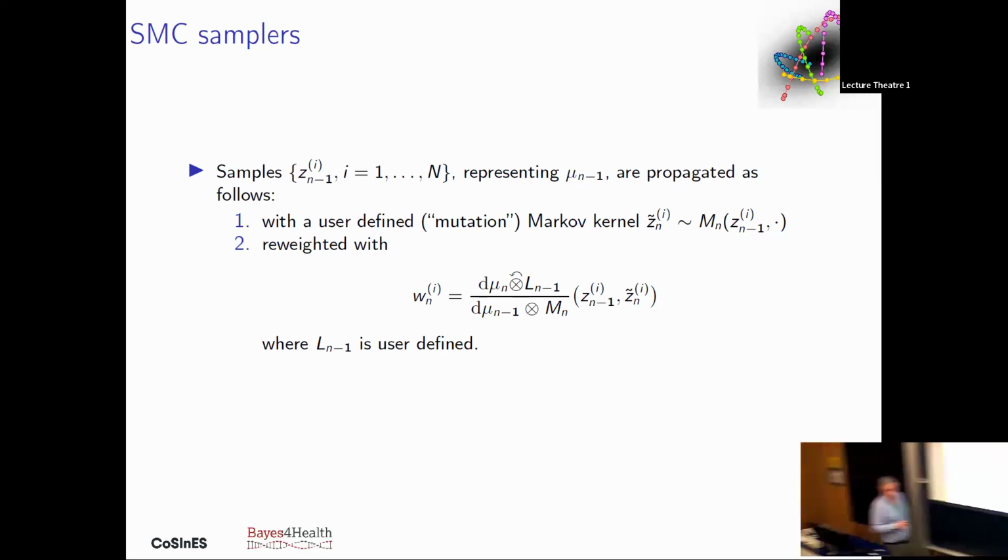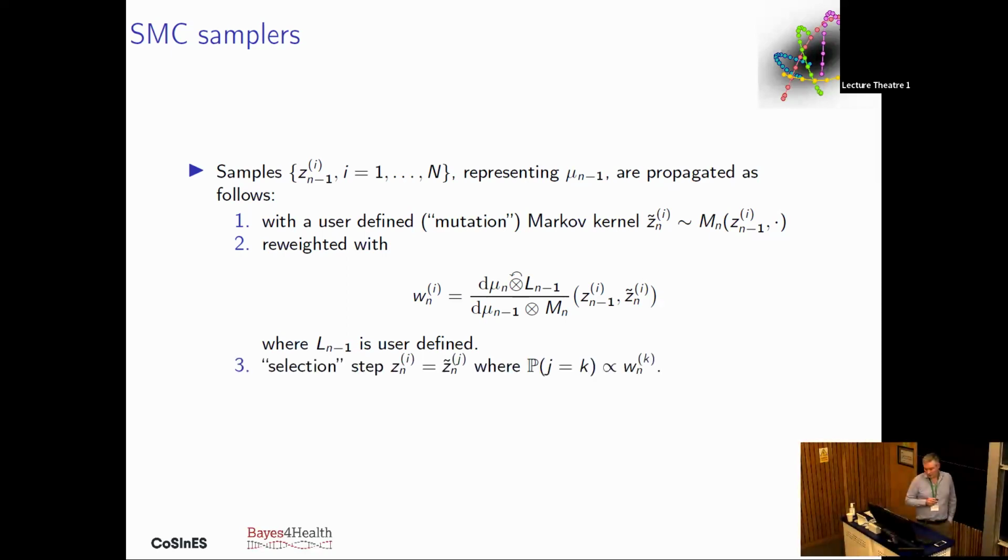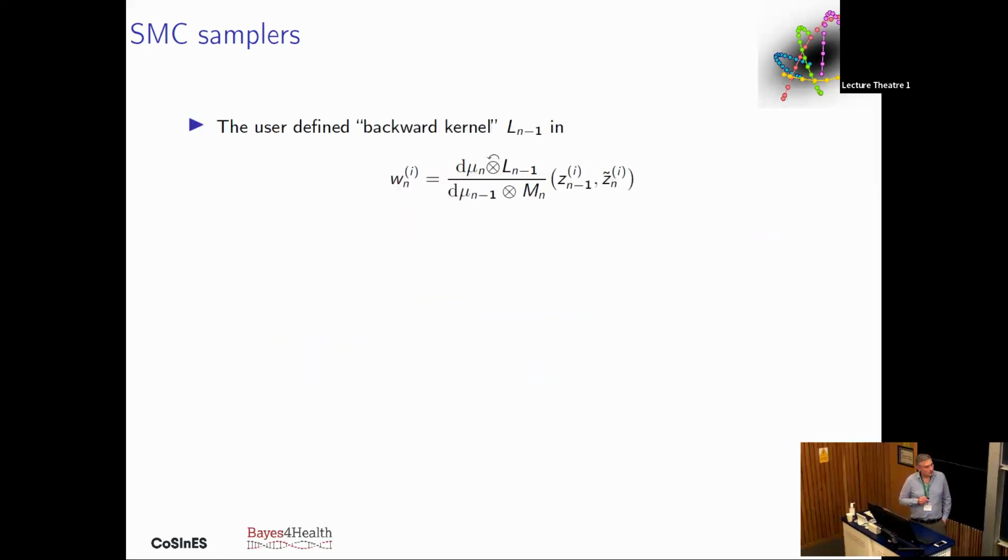Despite the notation, this is the standard kind of importance weight that we are all familiar with. Then there's a selection step where we sample the next generation of samples according to the distribution that is proportional to the weight. So nothing very new here.